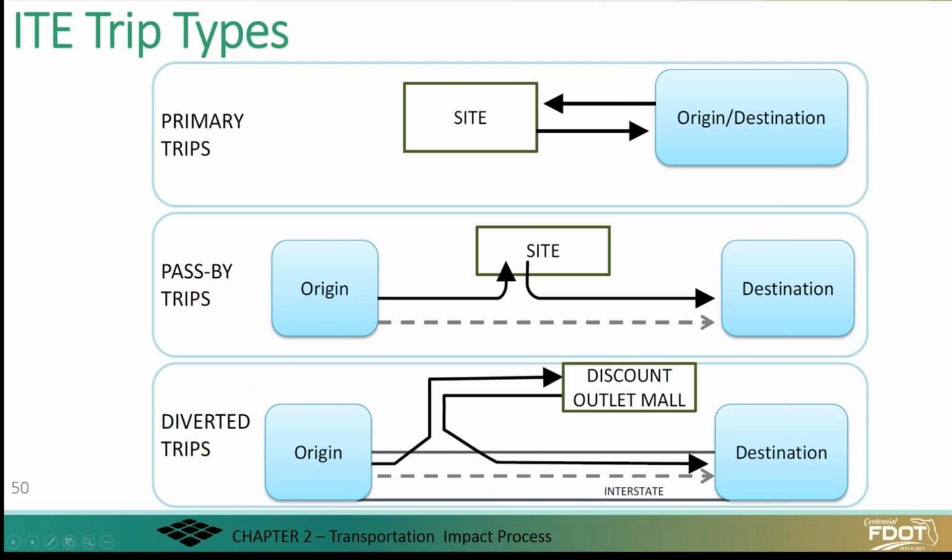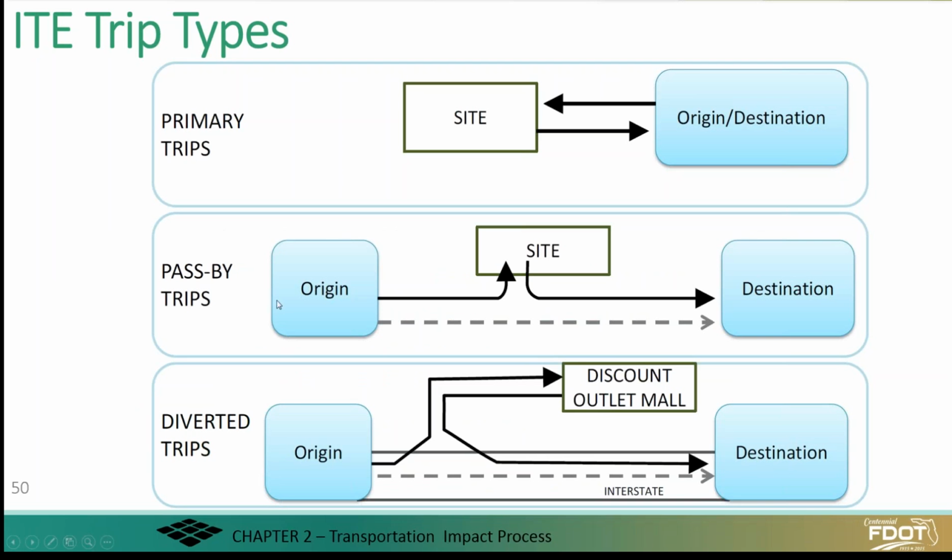There are different kinds of trips that ITE recognizes. I'm not going to go over all of them today. The primary trips are the ones that are origin and destination. That means this person is at home, they go shopping, they come home. Pass-by trips are a big discussion item anytime a commercial development is built.